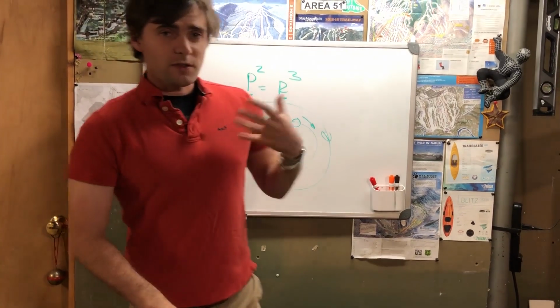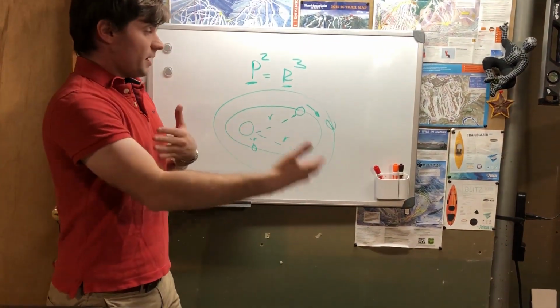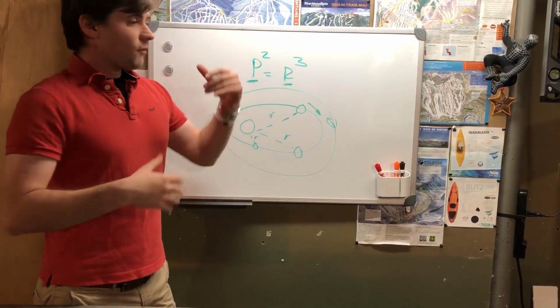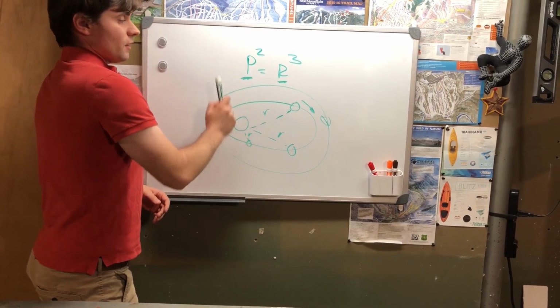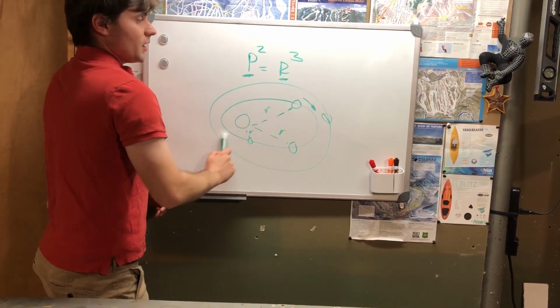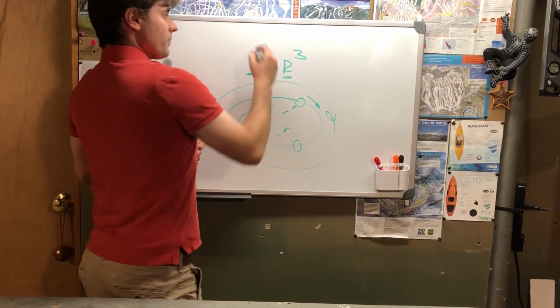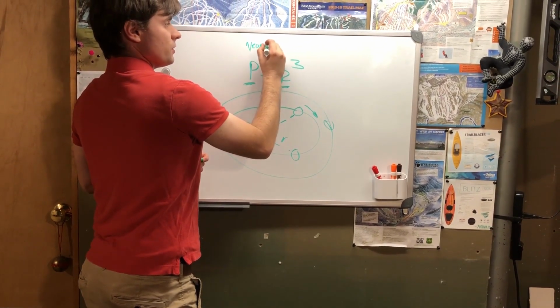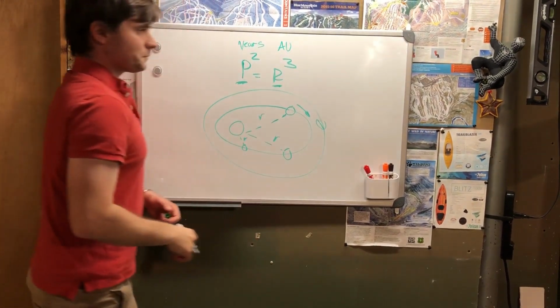And what this allows us to do is that no matter how far a planet is away from us, or how far away another celestial body is, if we can get the period of its rotation around another body, we can find the radius. All right? The period has to be in years for this equation to work, and the radius has to be in astronomical units.